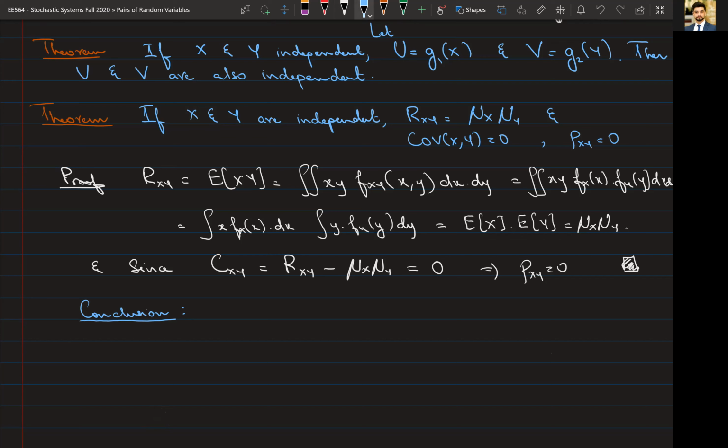The conclusion is that if x and y are independent random variables, they are also uncorrelated.